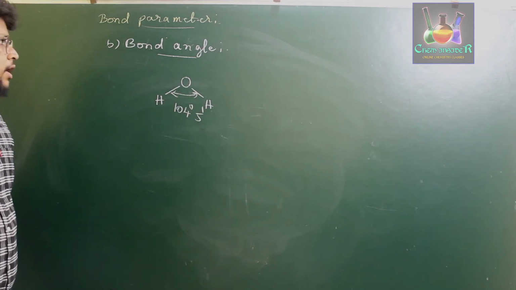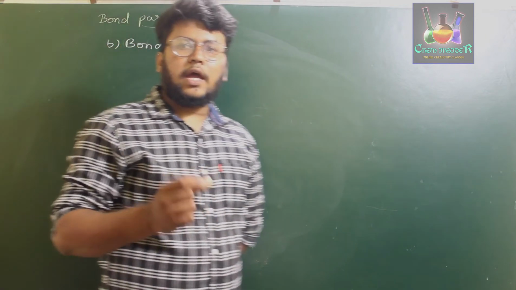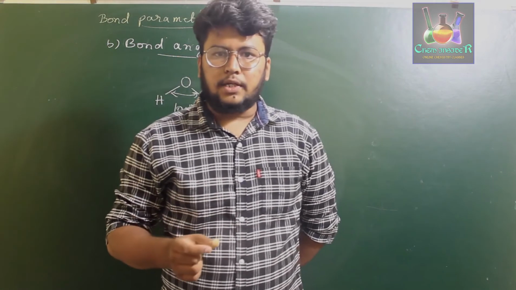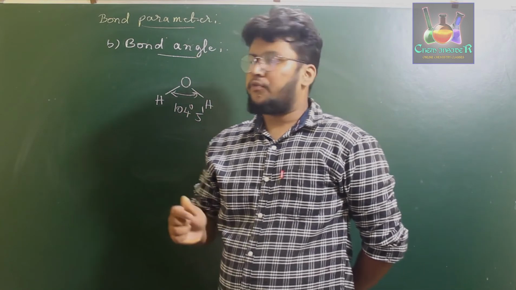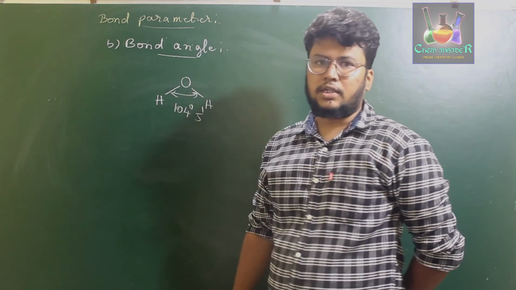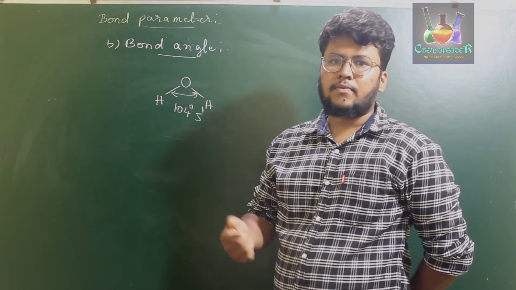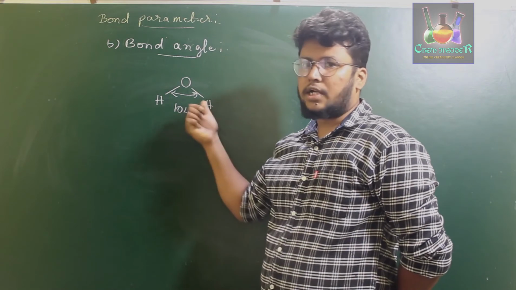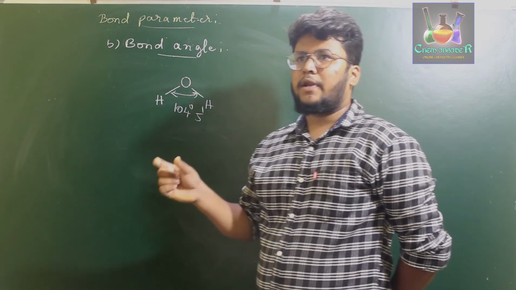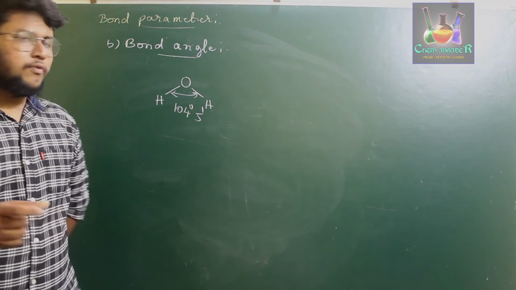So, the bond angle of a molecule or a compound is said to be the angle between the orbitals on which the electrons are occupied. If you consider the orbitals of oxygen, it will be occupied along the px and py orbitals. The px and py orbitals will be overlapped by the s orbitals of H atoms over here, and they will be overlapping in such an angle that it forms a bond angle of 104 degree 5 minutes.